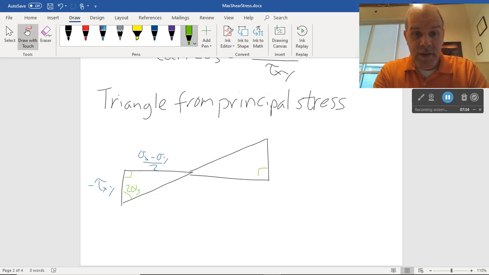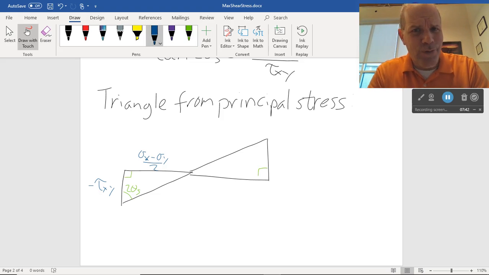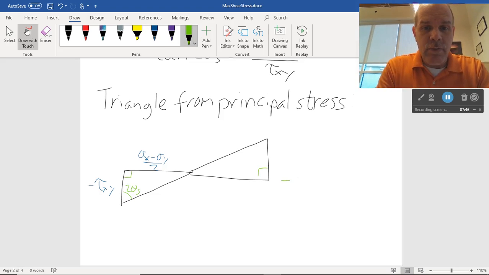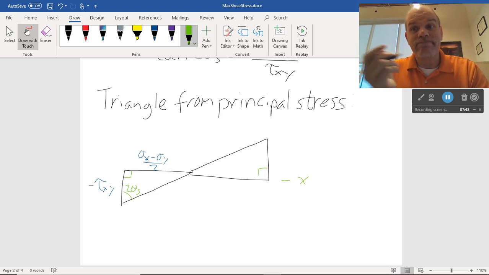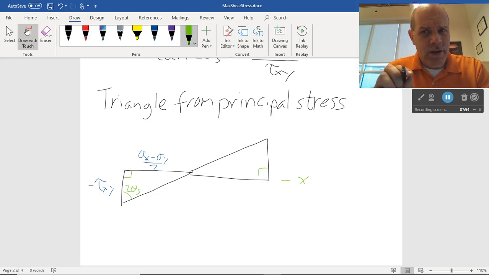Okay, I've got opposite sigma x minus sigma y over 2 divided by the adjacent negative tau xy. Now you're seeing why I drew it in the left corner of the triangle. It looks negative if, say, for example, I put my x-axis in here. It looks like it's negative. Great. Isn't that fun?